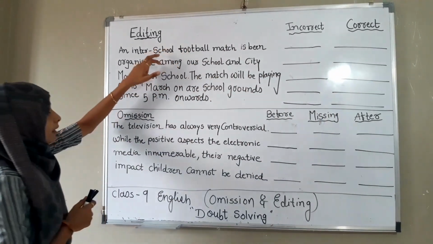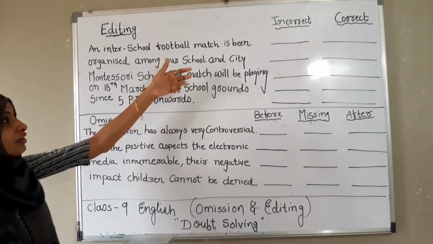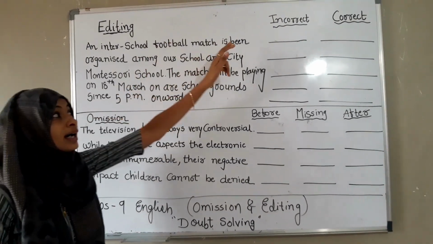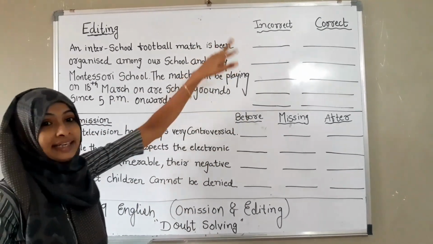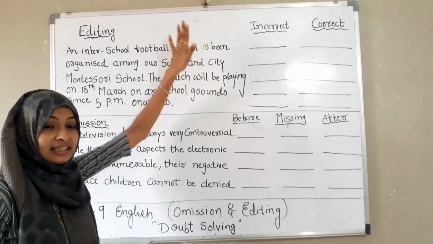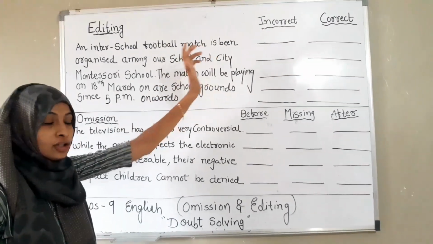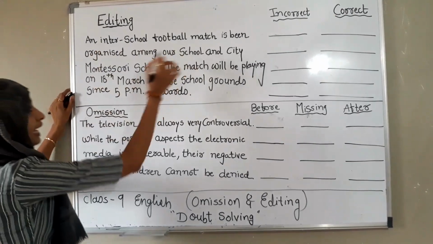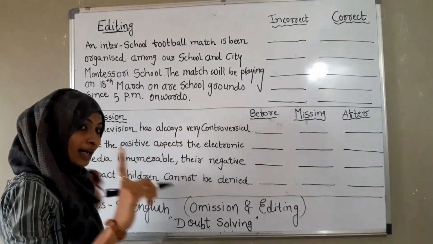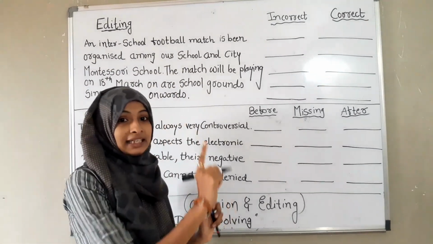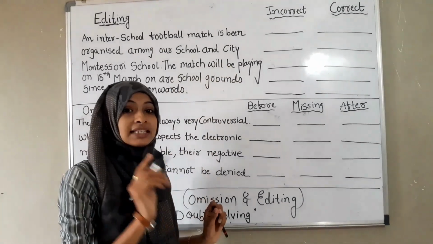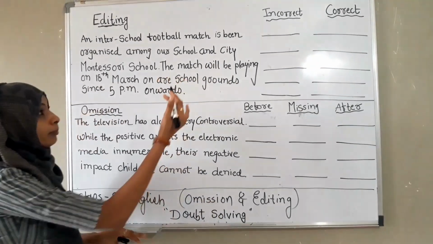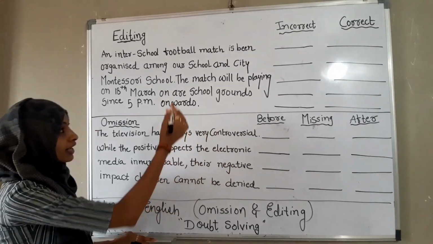In the paragraph, we have seen one word which is incorrect. We have to edit that incorrect word in that particular line. So in every line of that paragraph, one word is incorrect, or we can say wrong, and we have to make it correct. How will we do it?